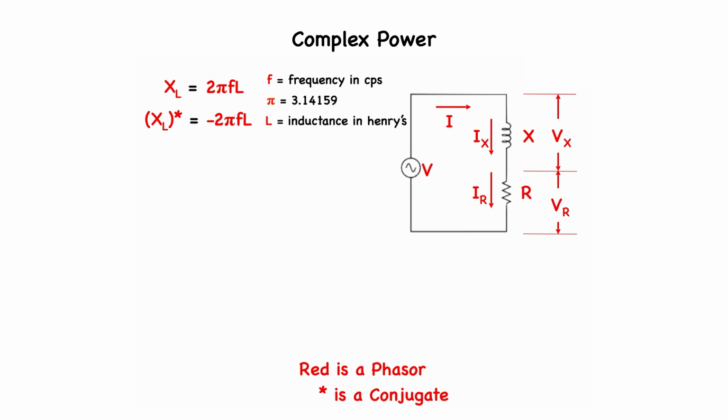And if that element were a capacitor, it would be given by the reactance of minus 1 all over 2 pi FC, where F and pi are the same as for the inductor, but C is the capacitance in farads. And if we were to look at the conjugate of that capacitance, it would be 1 all over 2 pi FC.